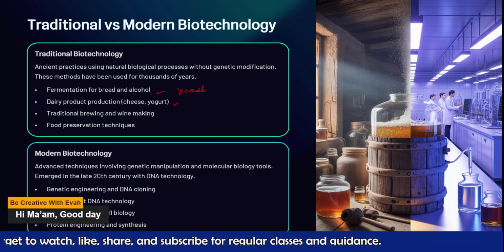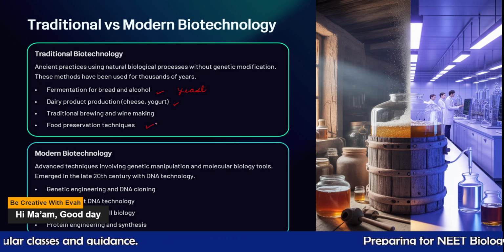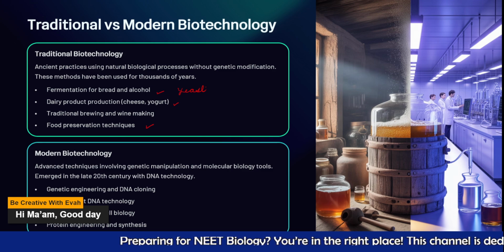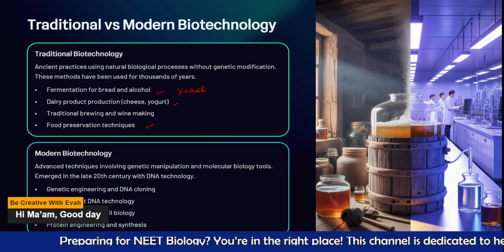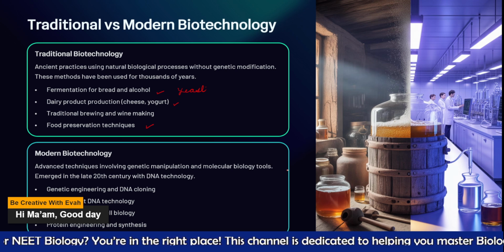Then traditional brewing, wine making also, there's Saccharomyces cerevisiae, and food preservation techniques, where we use some chemicals. All those are related to some microbes or some chemicals we use for making the products or preserving the food items. But in modern biotechnology, we are going to the molecular level.